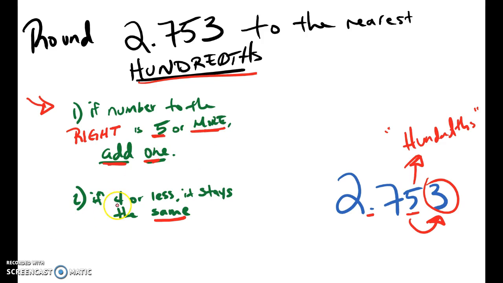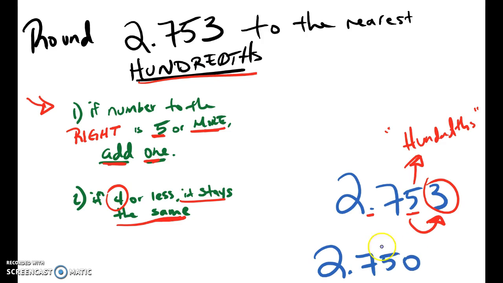We follow the second rule. 3 is less than 4, okay? So the 5 stays the same. We don't add or subtract from it. So the final answer is going to be 2.750 or just 2.75 by itself. And that's how you round decimals.